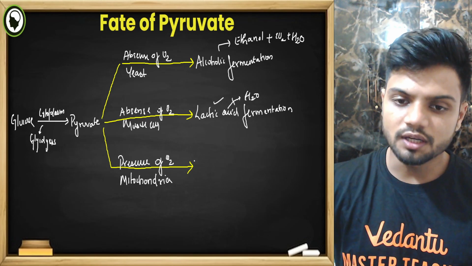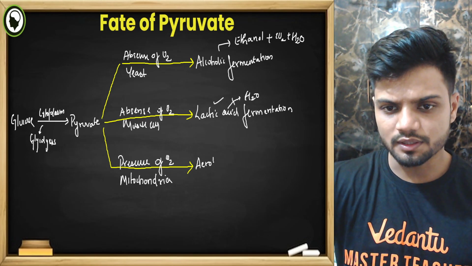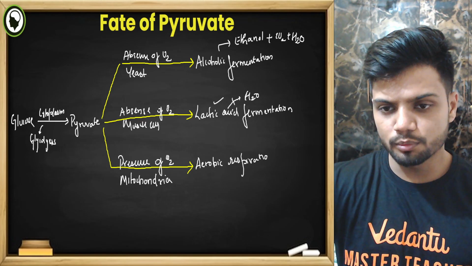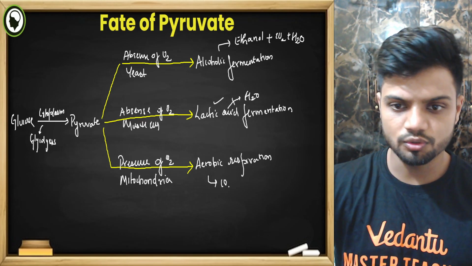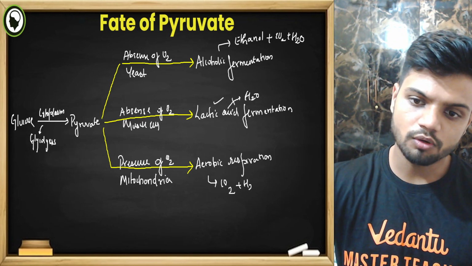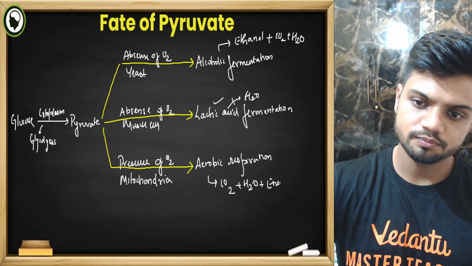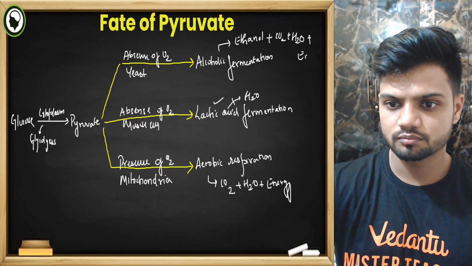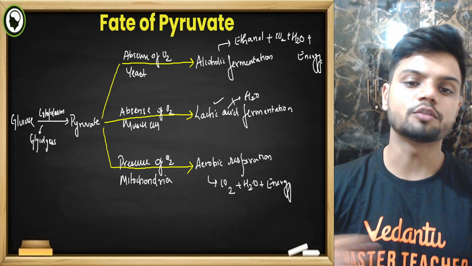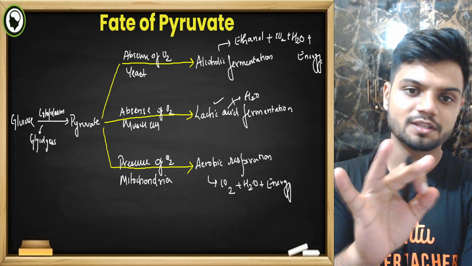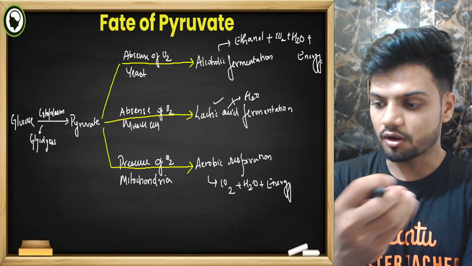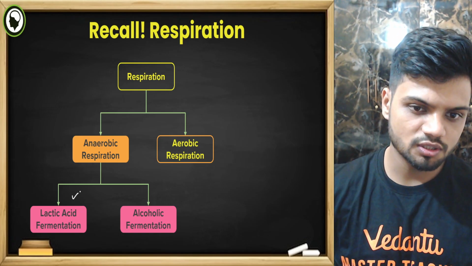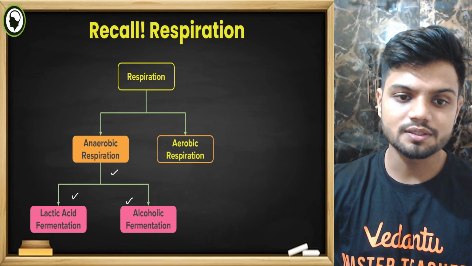The third one is called aerobic respiration, where there is release of CO2 plus water plus energy. This is called the fate of pyruvate. Pyruvate can undergo three different pathways depending on where it is formed, and whether oxygen is there or not: lactic acid fermentation, alcoholic fermentation, and aerobic respiration.